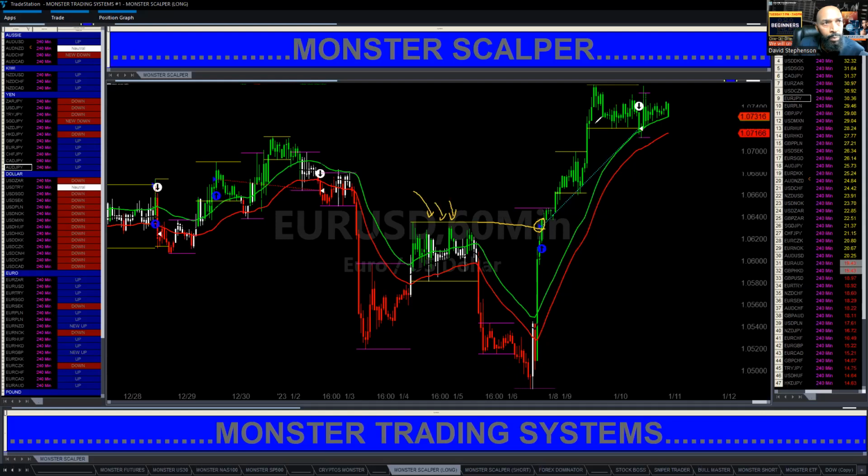Price went up, made support right here. We got out right here. So we bought on a break of resistance, sold on a break of support, and we are out of the trade.